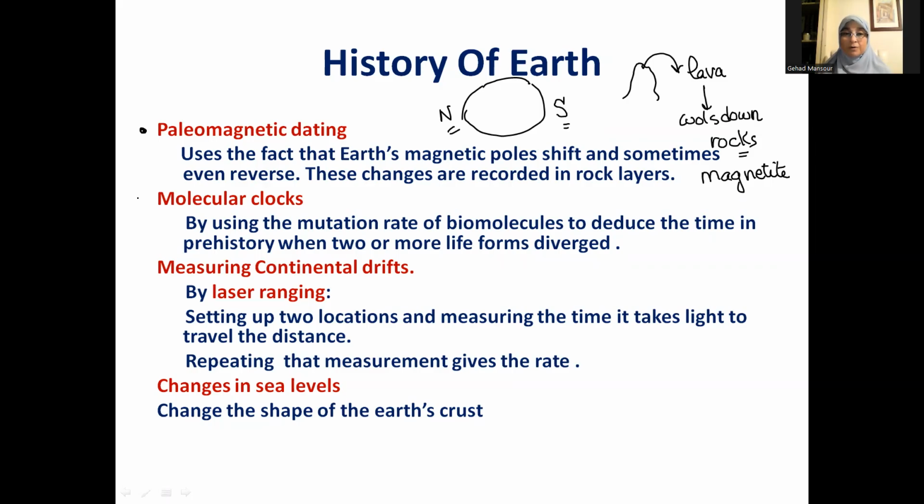There are other types of measurement that are called molecular clocks. Since they are called molecular clocks, they determine time, and at the same time, they depend upon molecules. Actually, they depend upon the mutation rate of certain molecules, like DNA molecules, to deduce the time when two life forms diverged.